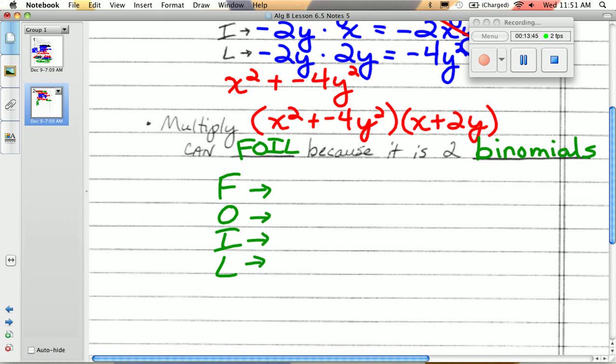Jesse, did you find your mistake? I just foiled it. I gave up. Oh my goodness, I ripped my paper.